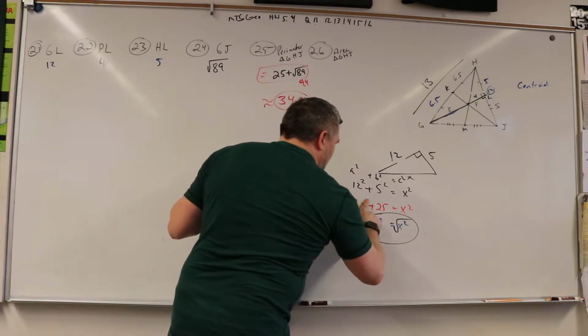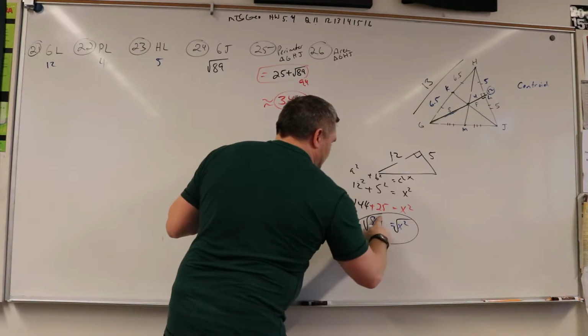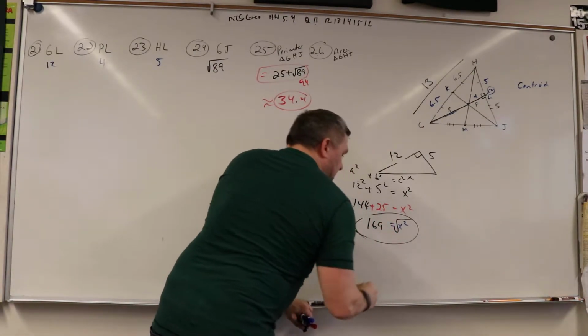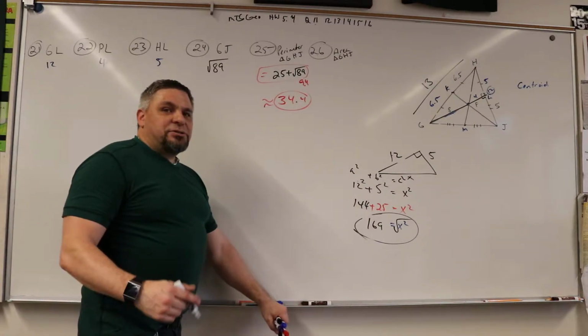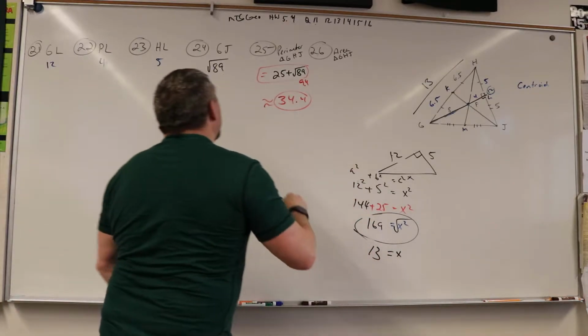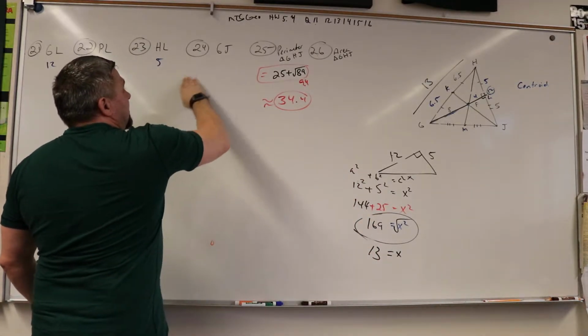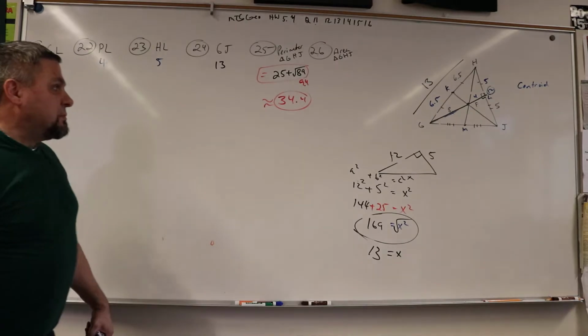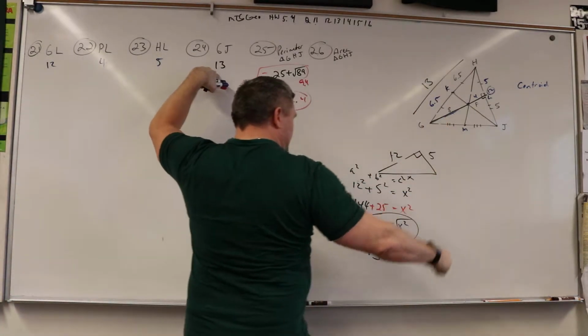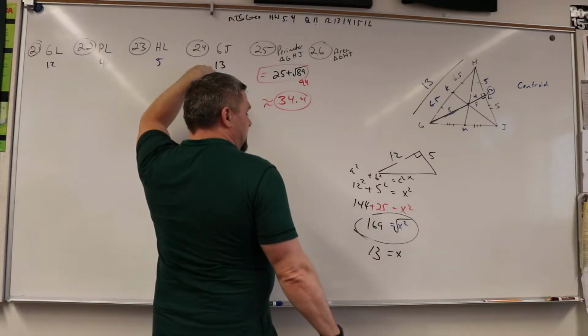So this is 144. So this is 169. Right? So that means X is 13. So this is actually 13. And if this is 13 and this is 13, wait, is that right? Yeah, 13.